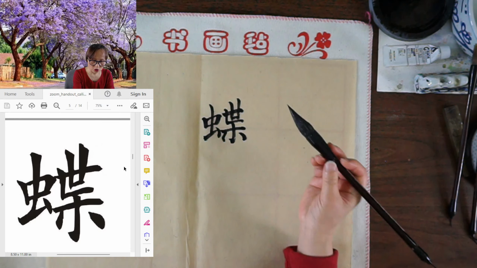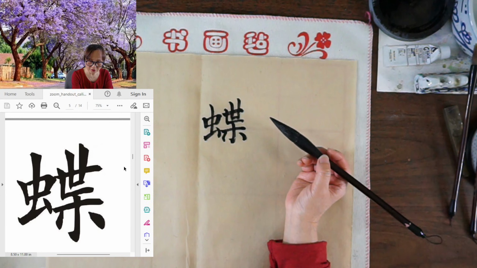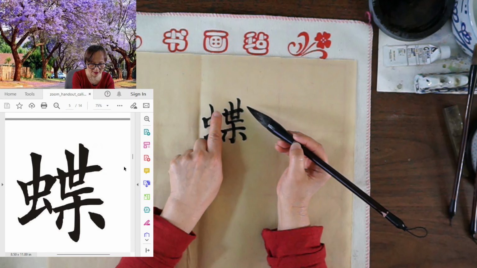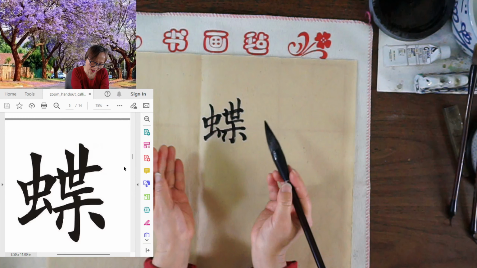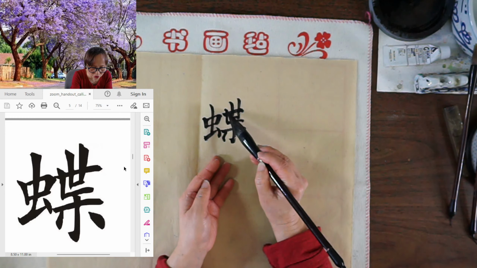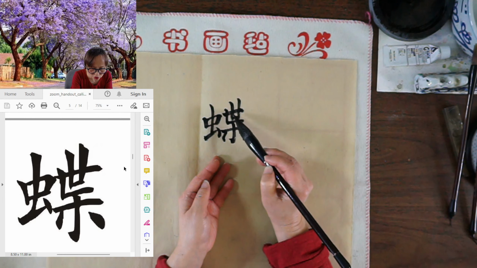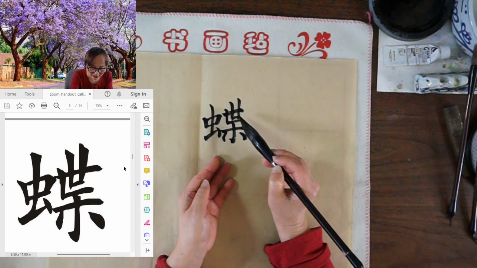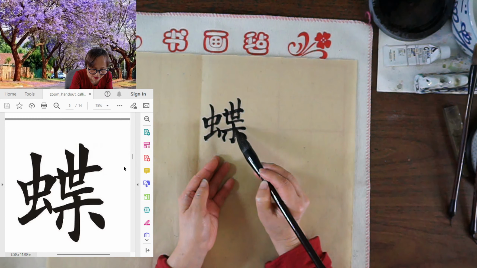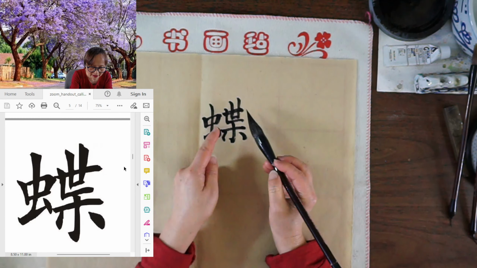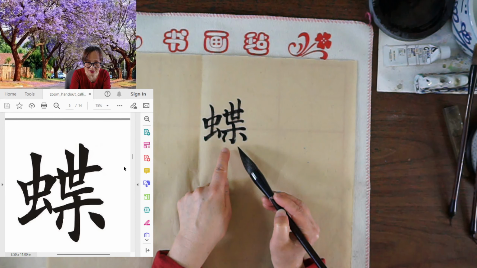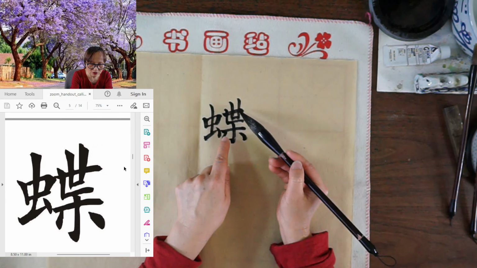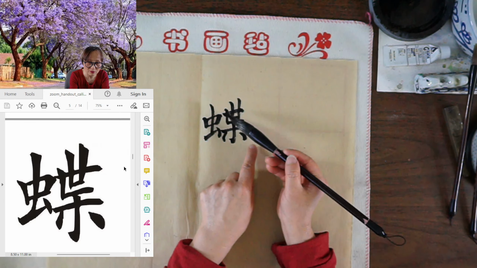Okay. And try to think, see this right-hand side, two parts, upper and lower. For the upper part, try to think the center part is two or three vertical strokes there, right? And the lower part, the center part, is this vertical, right? So make them a little bit like the center straight up, not to skew this too much, right?